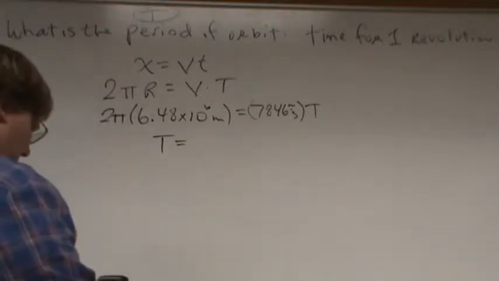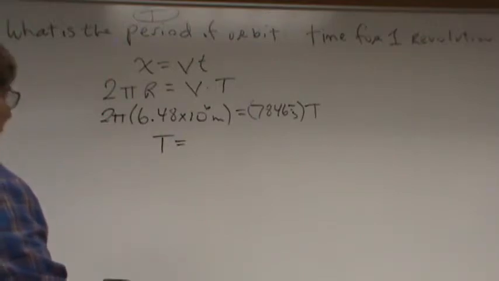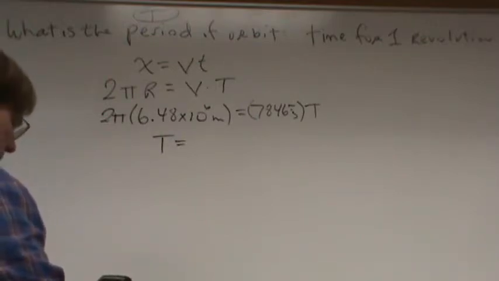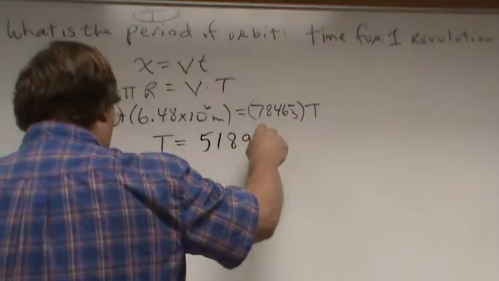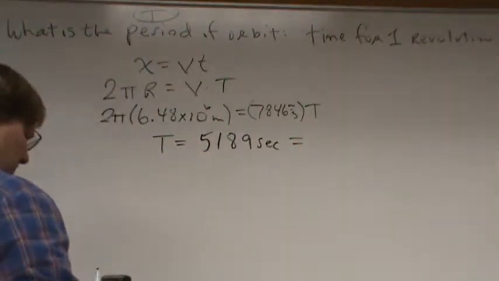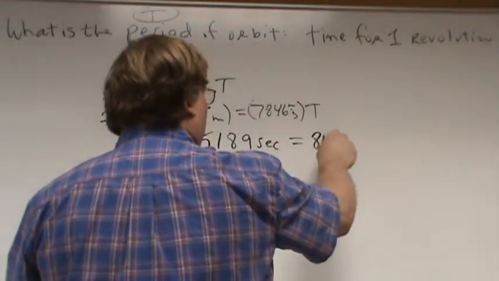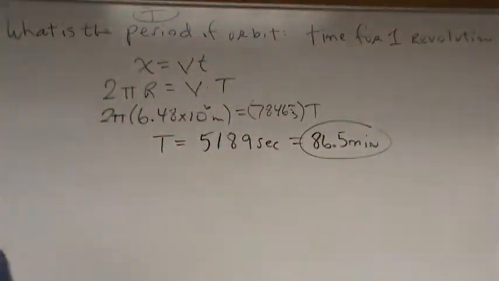Oh, well, 2 times 6.48 times 10 to the 6th, divided by 7846. So I get about 5,189 seconds, which when I divide by 60, gets me about 86.5 minutes. So that's what you got.